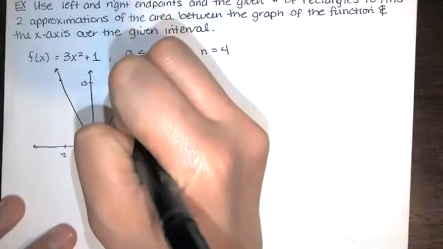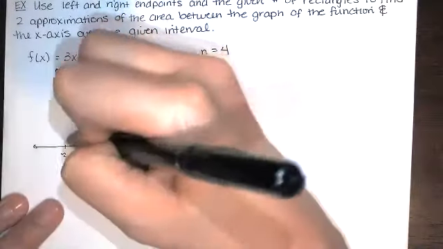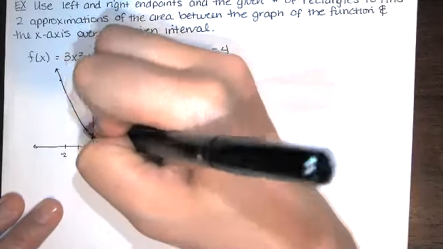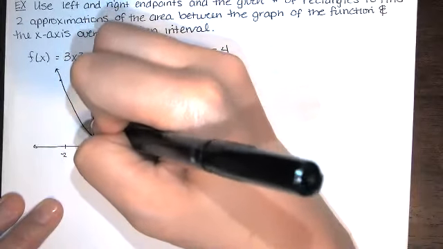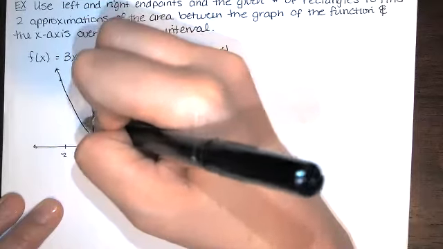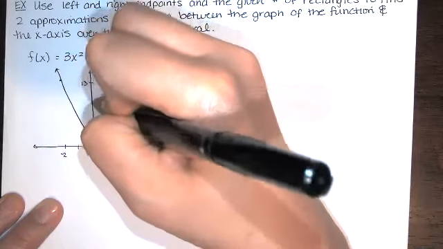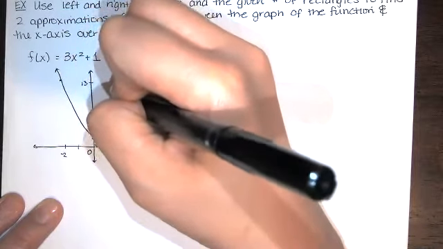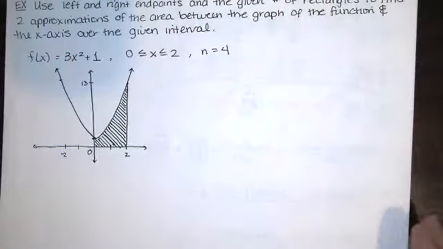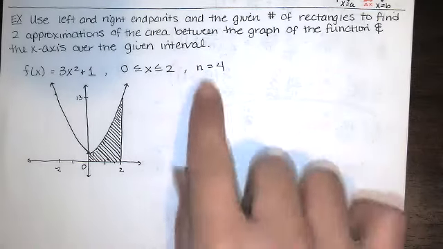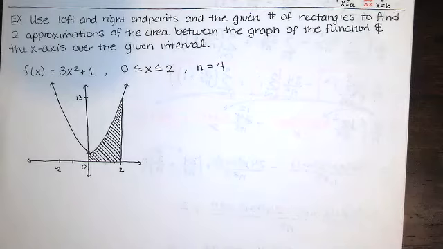So what we're trying to do is find the value of this area right here. We're asked to find two approximations, one using left endpoints of subintervals and one using right endpoints of subintervals. And we're told to make 4 subintervals.